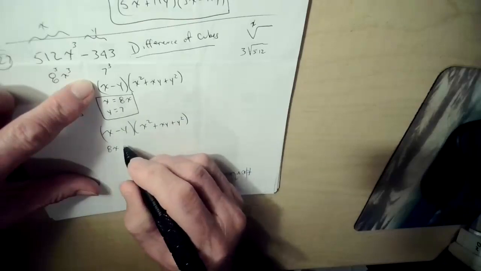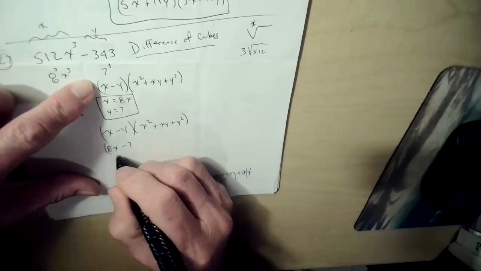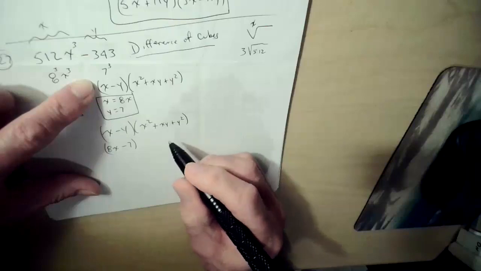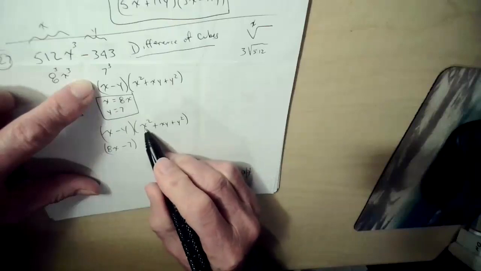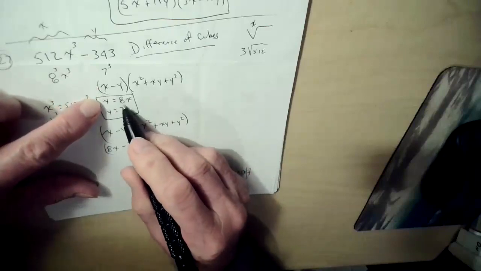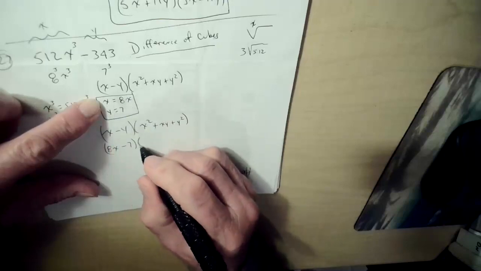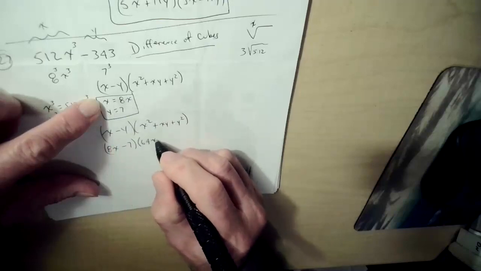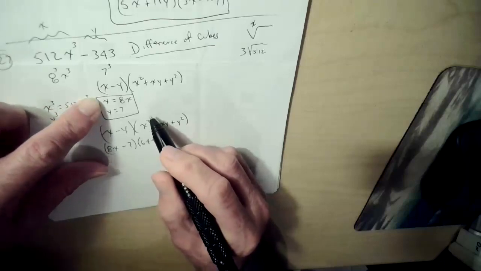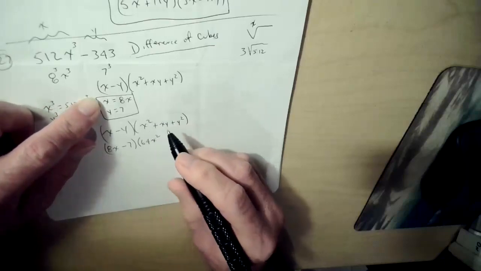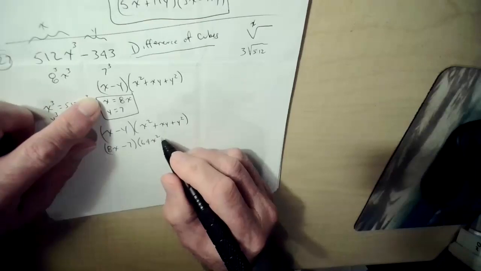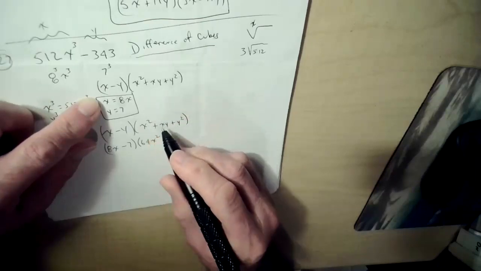So x minus y is 8x minus 7 in parentheses. Now x squared is 64x squared, right?